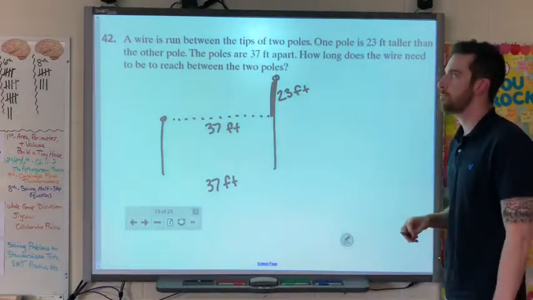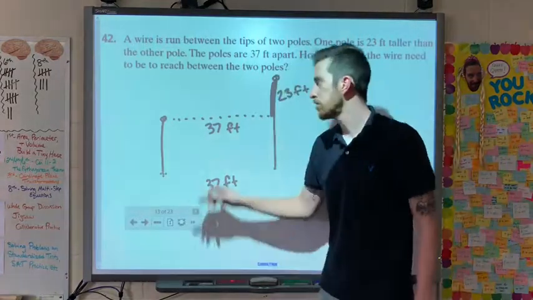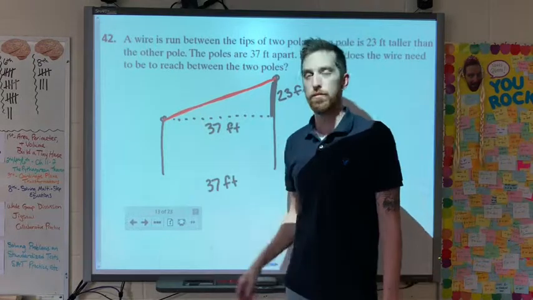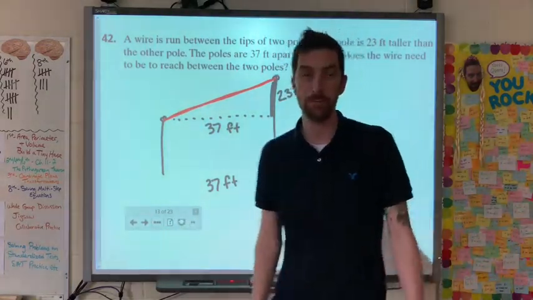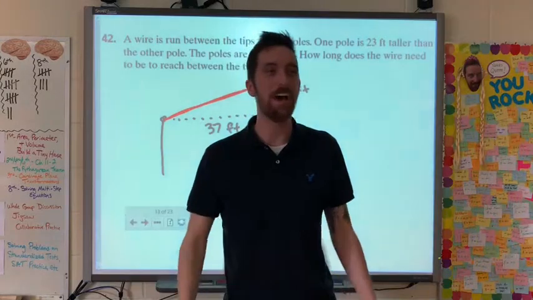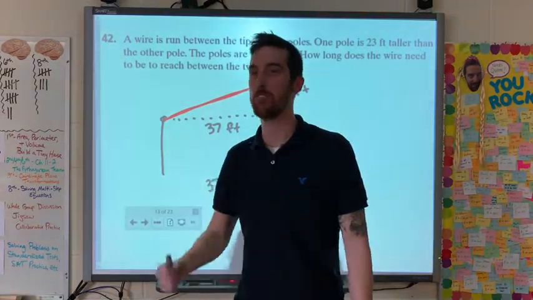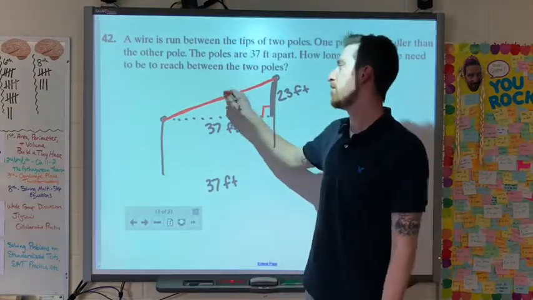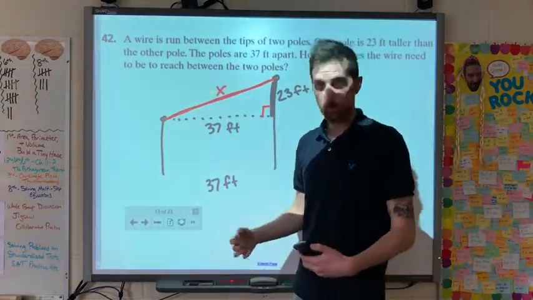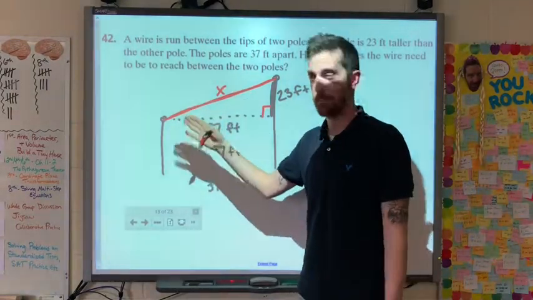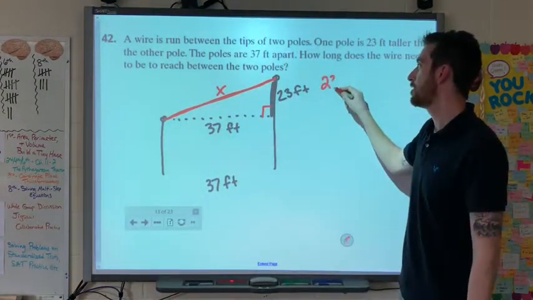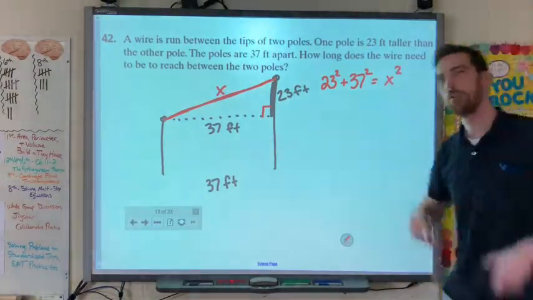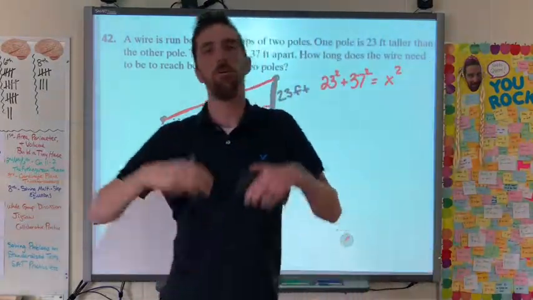How long does the wire need to be to reach the two poles? It is going from the tip of this one to the tip of this one. So what are we looking for, a leg or a hypotenuse? Oh, that's right. I'm sure you're all standing up, applauding, screaming, hypotenuse! Let's call that x for now. So if we set up the equation, we could say 23 squared plus 37 squared equals x squared, or c squared, or hypotenuse squared, or walrus squared.